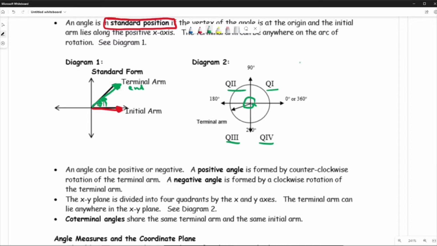Whereas with regular numbers, if you count to 10, and then another 10, and another 10, you never go back to the number you started at. 20 is bigger than 10, 30 is bigger than 20, 40, 50, and they just keep going. That's why up until now, when we were talking about numbers, we talked about a number line. You could go all the way from negative infinity to infinity, and you never repeated a number ever.